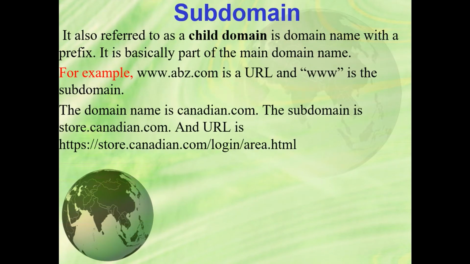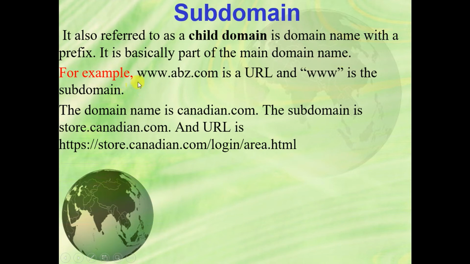The other one is the domain and the other one is the subdomain. See the difference. A subdomain is a domain with a prefix. Prefix means before. It is basically part of the main domain name.